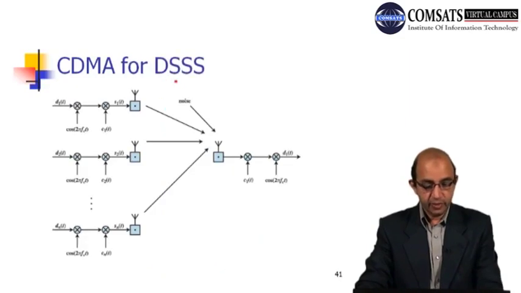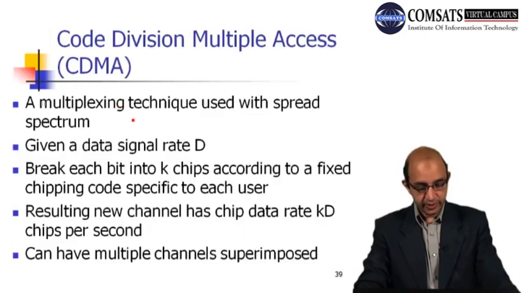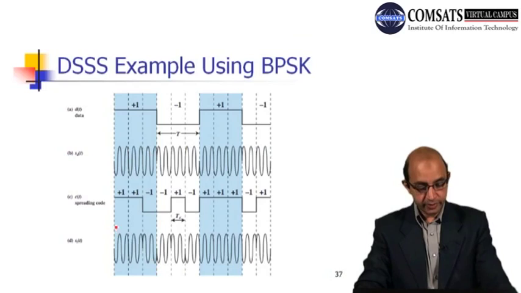CDMA for direct sequence spread spectrum: data 1, data 2, data 3, and these are the local carriers for modulation. Here you can see we have modulation in 2 steps.